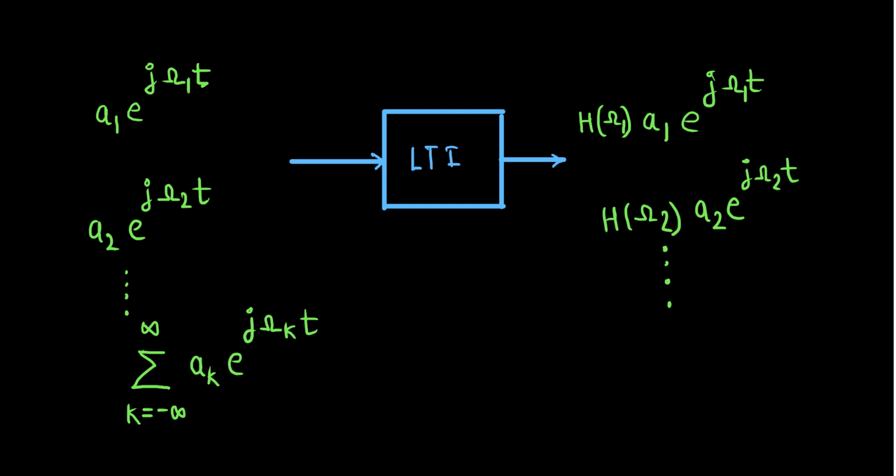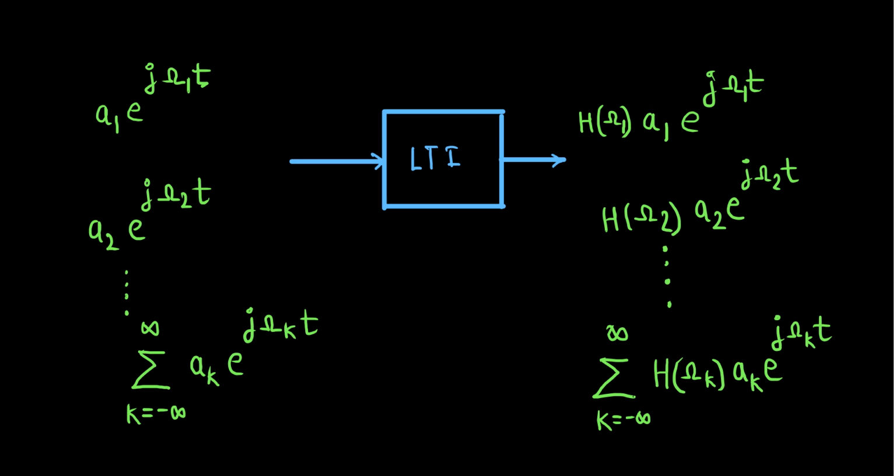This is going to give you the linear summation of the corresponding outputs. So that is going to be the sum over k from minus infinity to infinity of h of omega k times a k e to the power j omega k times t.